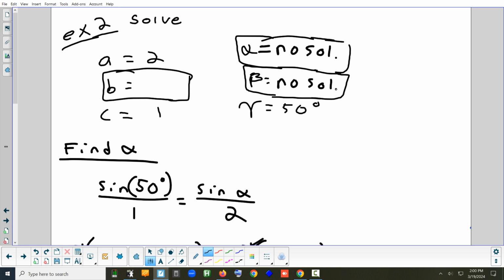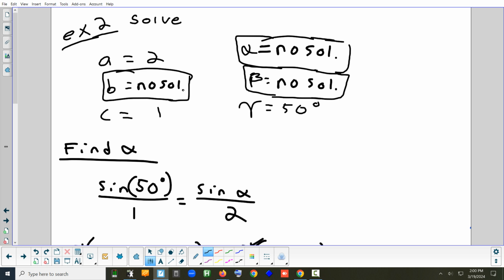And if you can't find beta, you also can't find the side that's across from it, because you need to have at least something in this row, and you don't have anything, so you can't work with it. So that's an example of no solution. And that's it. Any question on that?